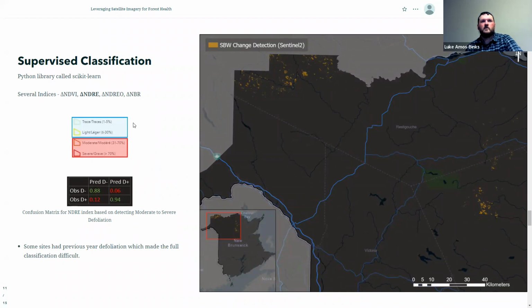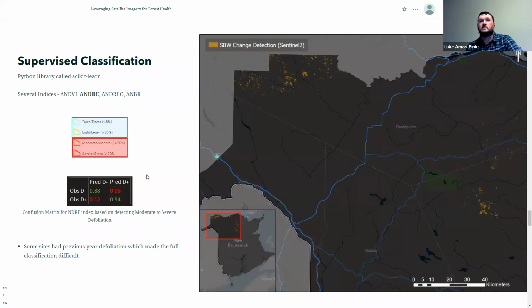We ended up with a 2 category classification. So it was light and trace, so essentially not very much defoliation, and a moderate to severe classification. So just those 2 classes, but we ended up predicting at about 92%.